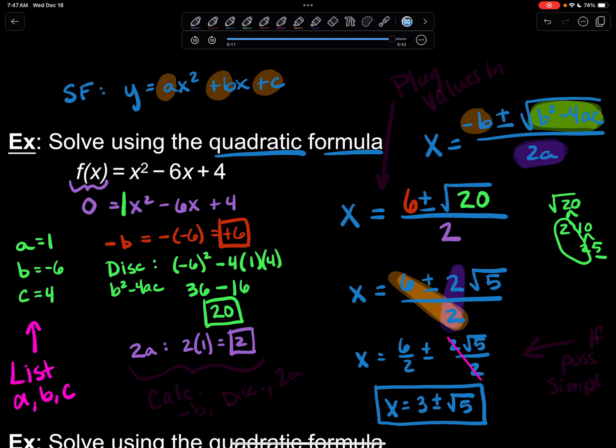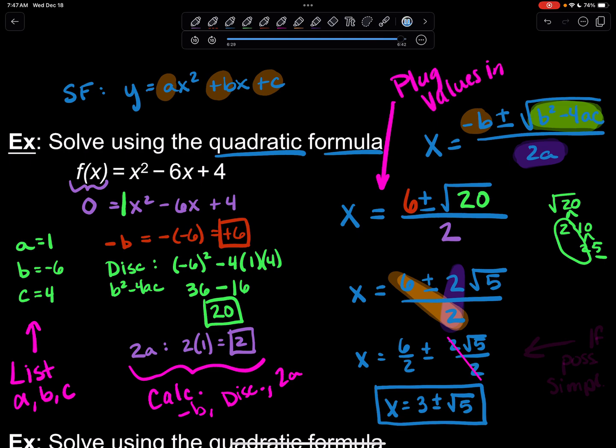The next thing that you should do is calculate our negative B, the discriminant, and 2a. Once you have those calculated, you're going to plug values in, and then we're going to, if possible, simplify.